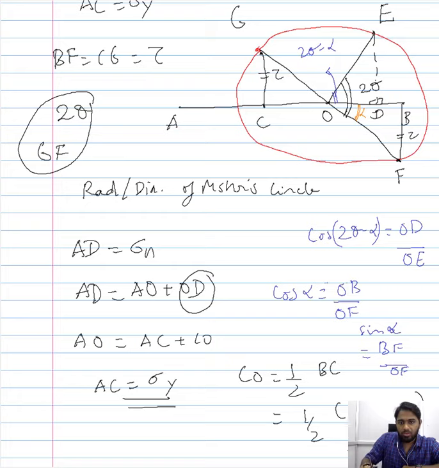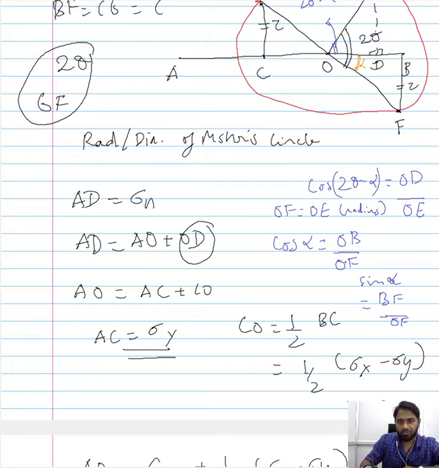Here it is important to note that this OF is also equal to OE, because both are radius. Since OE and OF are equal, because they are the radius, then we can substitute the OF here as OE.